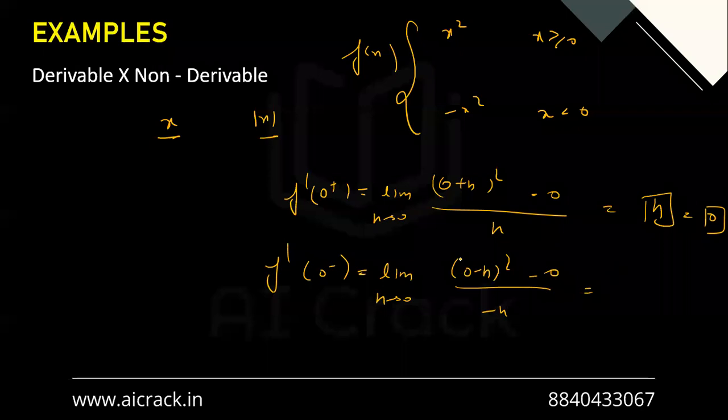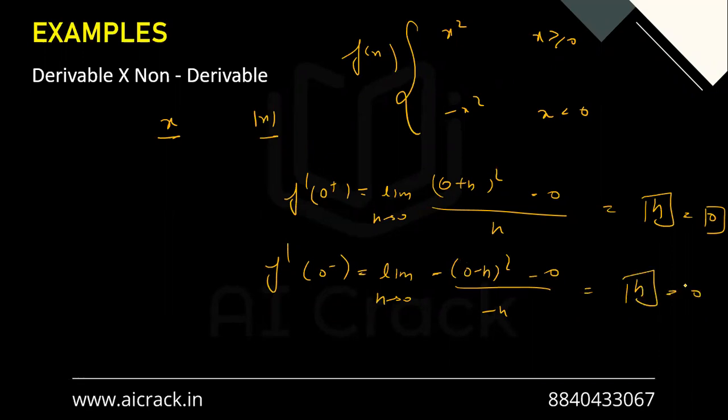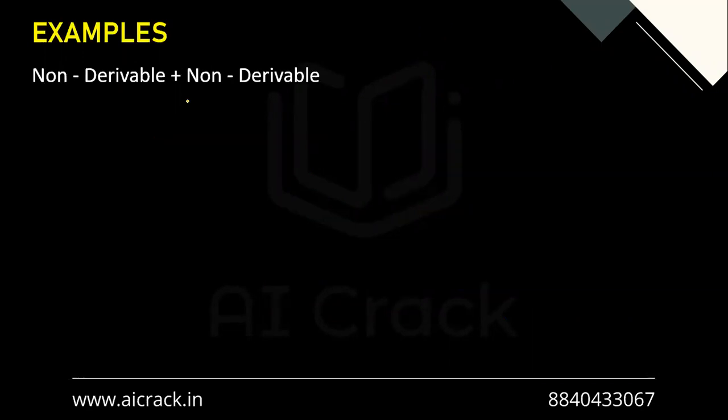Sorry, this is minus over here because we are using this function. That again comes out to be h, and that is nothing but 0. So we can clearly see that differentiable function multiplied by non-differentiable function can be differentiable as well, because here we are getting LHD equals to 0 equals to RHD.